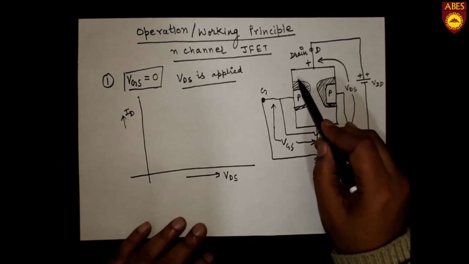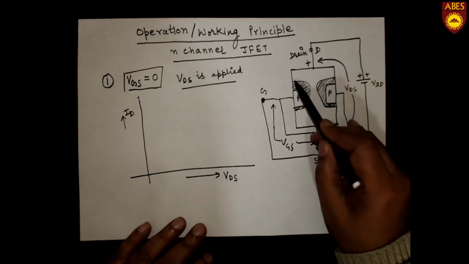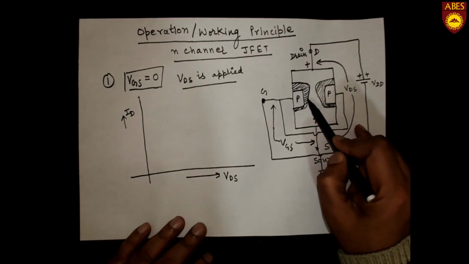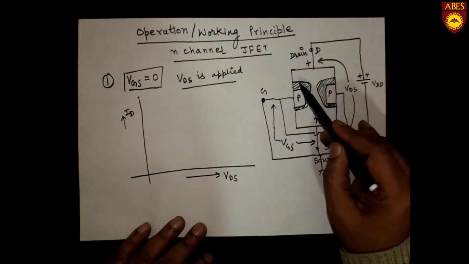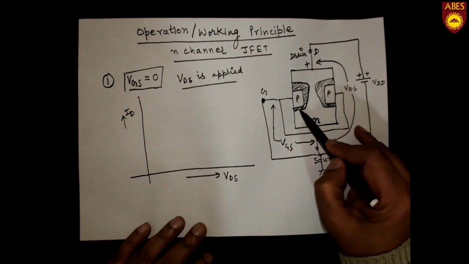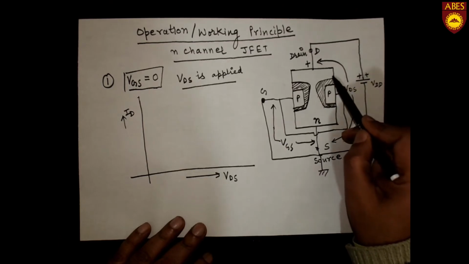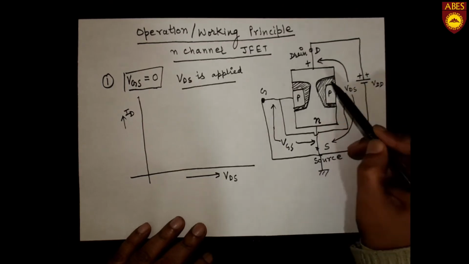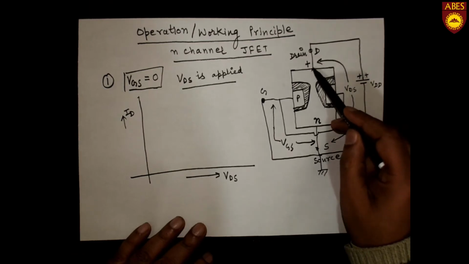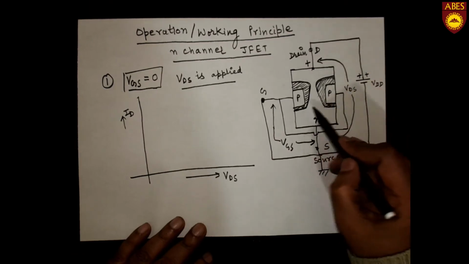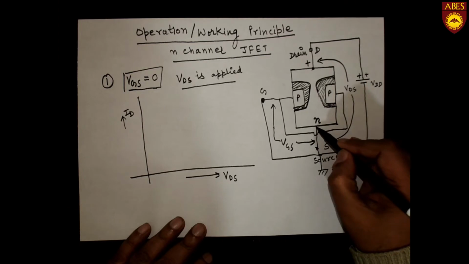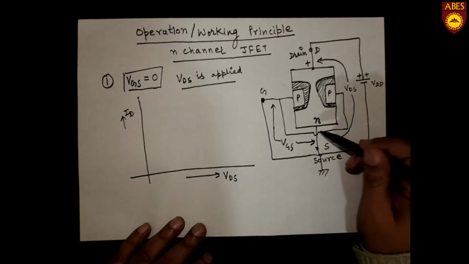Therefore the width of the depletion region is more here towards the drain in comparison to the width towards the source.